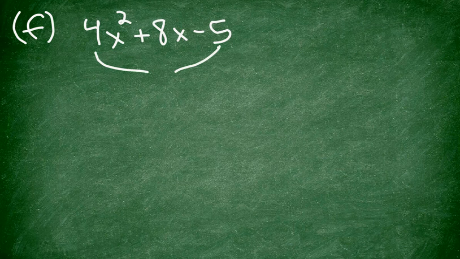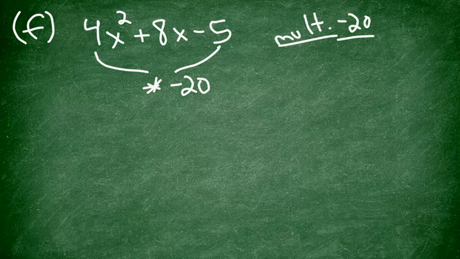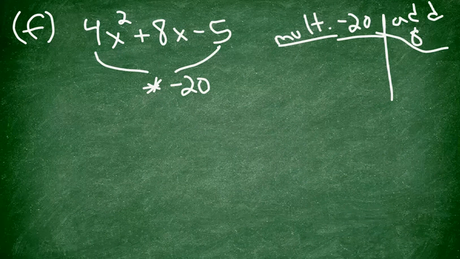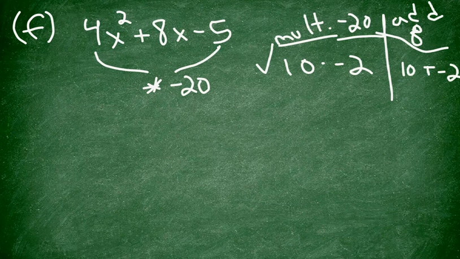So the process goes like this. I multiply these two numbers, and now I find two numbers that multiply to negative 20 and add to 8. Okay, so if you do that, you should see that it is 10 times negative 2 and 10 plus negative 2, or 10 minus 2. Okay, so that works out.